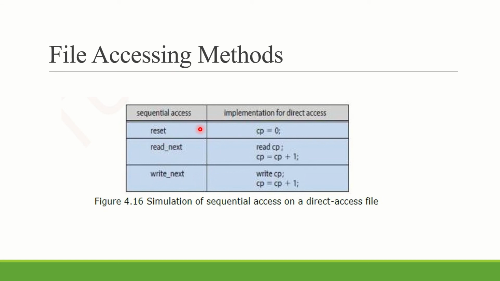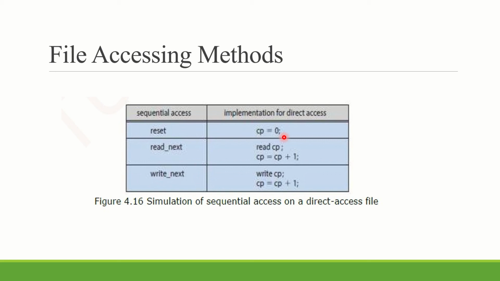For the same operations in direct access, it uses cp, which is the current pointer. Current pointer equal to 0 means the pointer is reset back to the first, starting position.